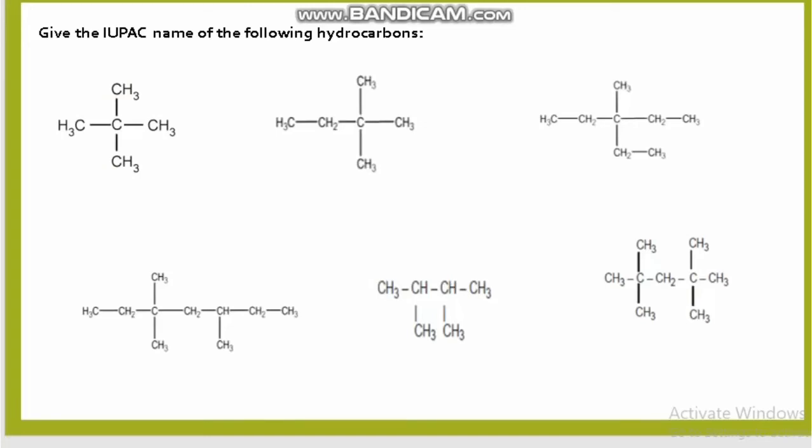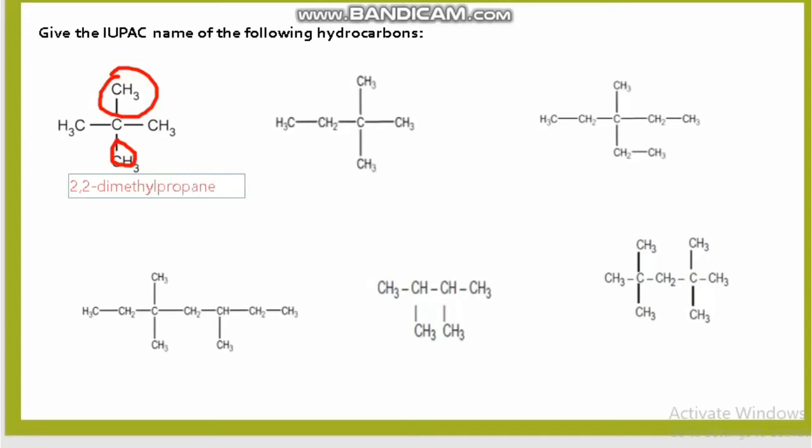And each branch is a methyl, so that's why they're 2. So we have to use the prefix dimethyl, and they're connected to the second carbon. In either way, number will give us the same number, so the name will be 2,2-dimethylpropane.